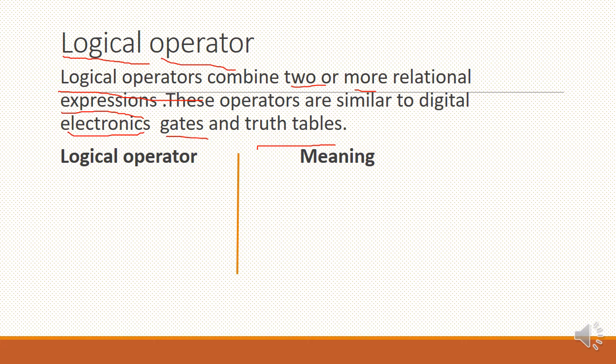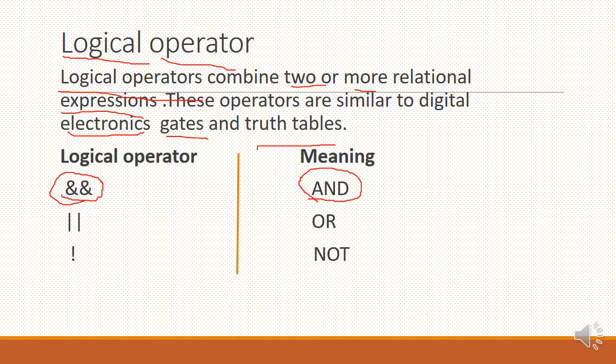For that we are going to use the logical operators. What are the logical operators you see here? First is this double ampersand. Double ampersand is going to perform the work of logical and.